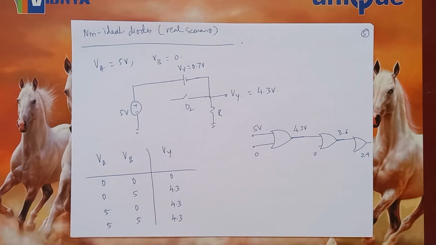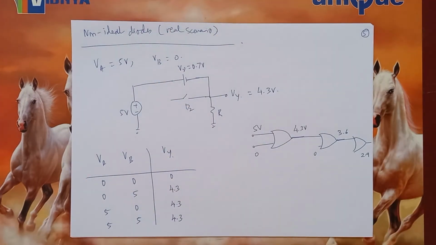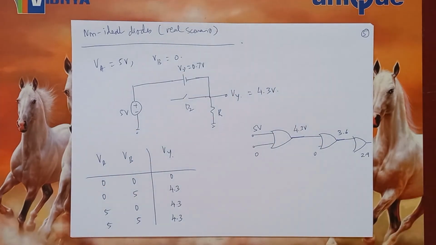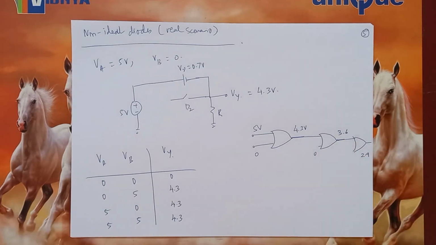This is disastrous. In a computer where you have multiple logic gates, hundreds and thousands of them, if you have such gates where there is such a big voltage drop, it is going to be disastrous. Now, as you see, 2.9 is somewhere close to the midpoint between 5 and 0. So therefore, this could very well be something like an unknown state.